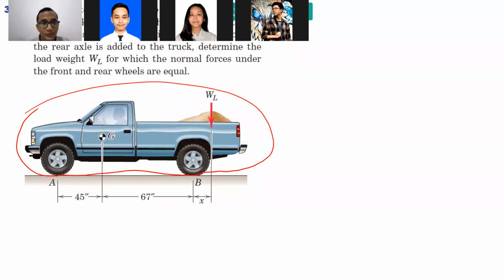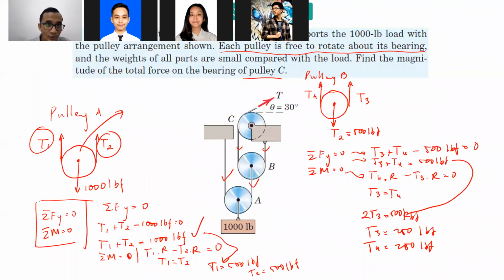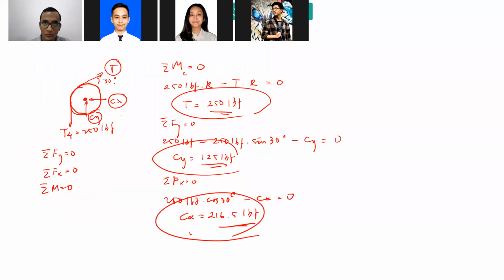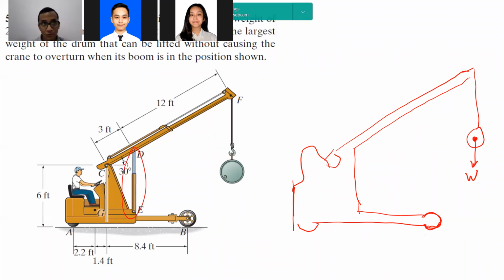Basically, when we talk about the crane here, the system is quite close to this one, Audrey. So all the internal force which is happening at the crane, we do not have to draw it. The tension here, we don't have to draw because it becomes internal force. This part as well, we don't have to draw because it becomes an internal force.